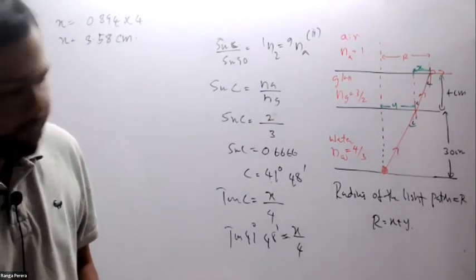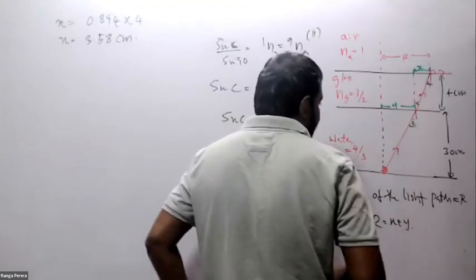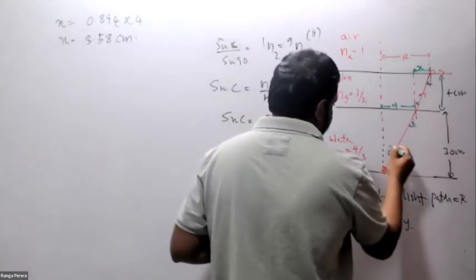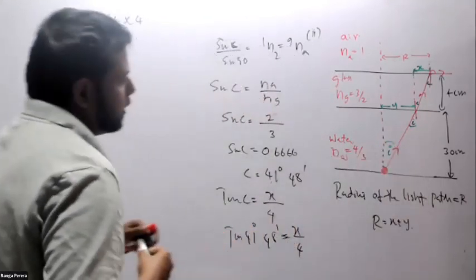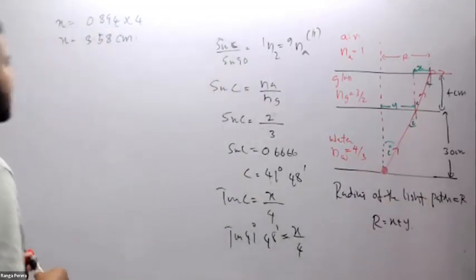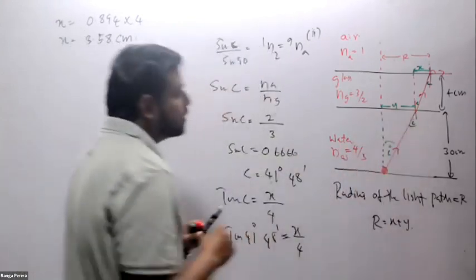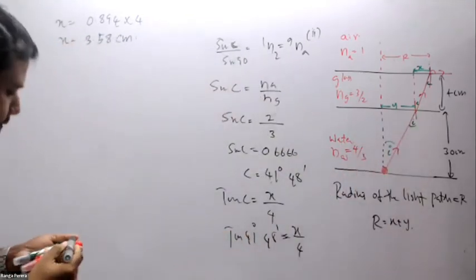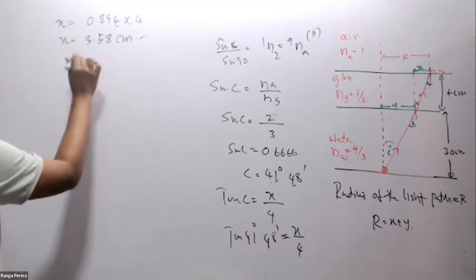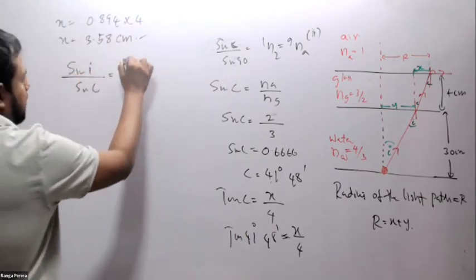In a similar way, we have to find Y. To find Y, I should find the I value. This is I, and if this is I, this must be I. Let's find sin I. To find sin I, we can apply Snell's law at the interface of water and glass. Sin I over sin C equals 1 and 2.